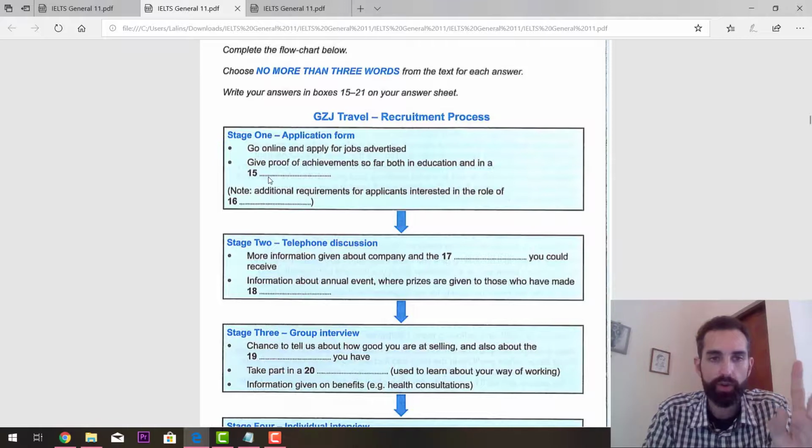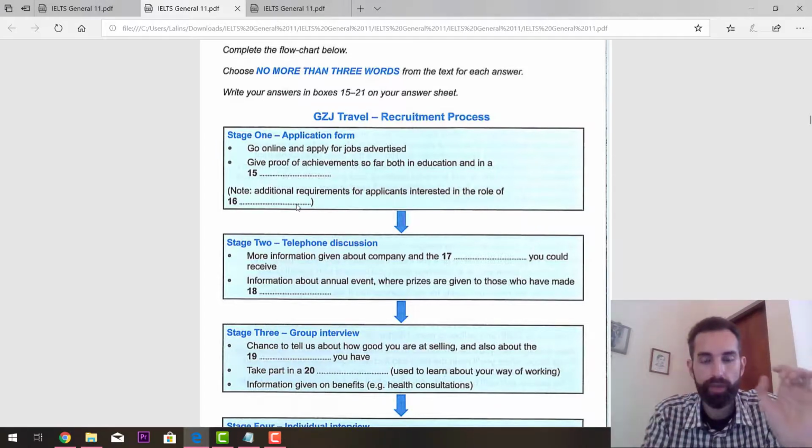This is the first thing we're looking for in this paragraph. And then after that, we'll be looking for note additional requirements for applicants interested in the role of blank. When they say the role of, that means that's a job title. So we're looking for a job title for 16.